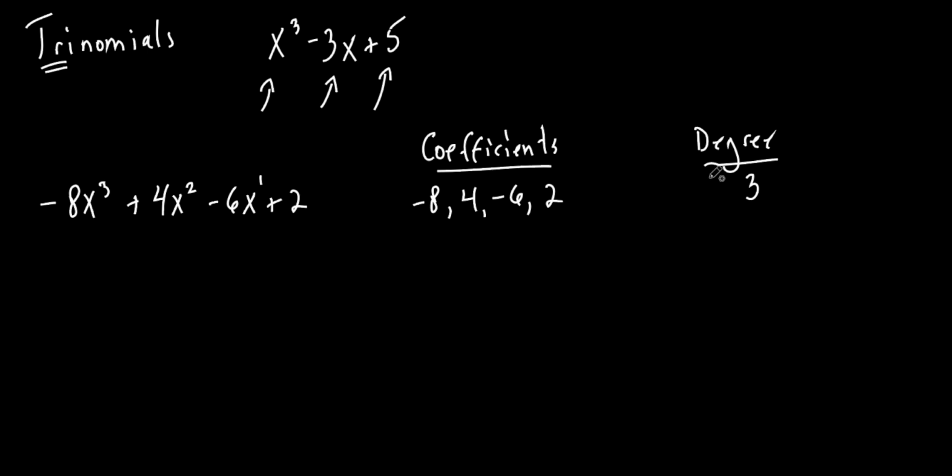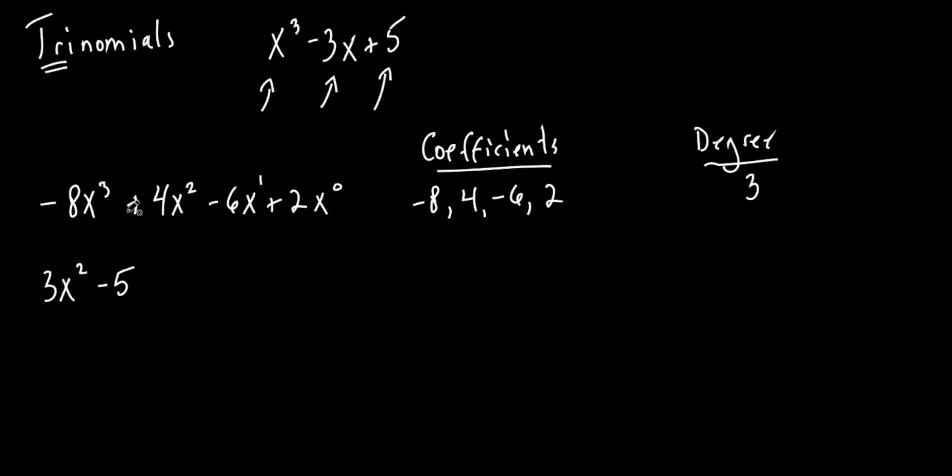Let's do another one. What if I had this? 3x squared minus 5. Here's another thing. Notice how they wrote this polynomial. They went 3, they went x to the third, x to the second, x to the first, and technically this was x to the 0, wasn't it?